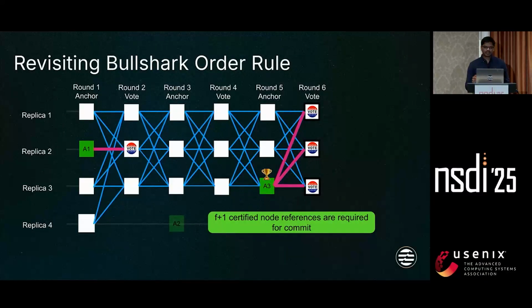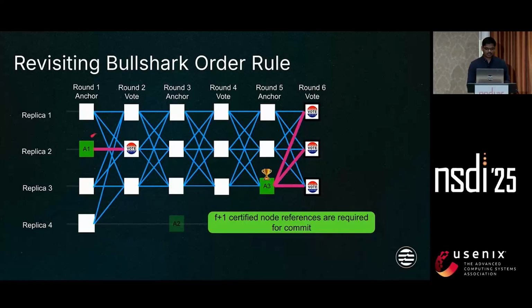In Bullshark, it divides the DAG view into an anchor round and a vote round. All the odd number rounds are called anchor rounds, and all the even number rounds are called vote rounds. In each anchor round, a node is designated as an anchor deterministically by all replicas. This is no communication, just from their local views.